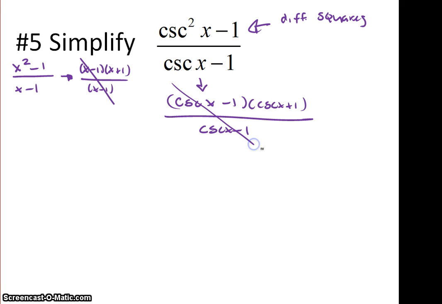Then the cosecant of x minus 1 cancels, and we're left with cosecant of x plus 1. That is simplified as much as possible. There are no fractions and nothing to factor. So that was problem 5. This is what you notice when you have factoring. You will see factoring come up, difference of squares, and simple factoring.